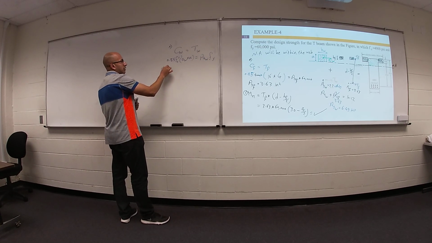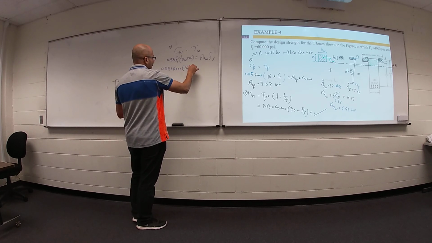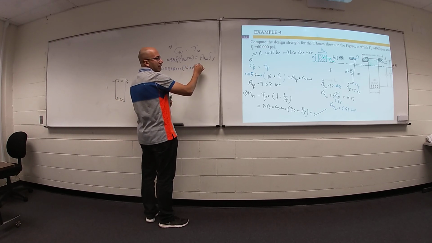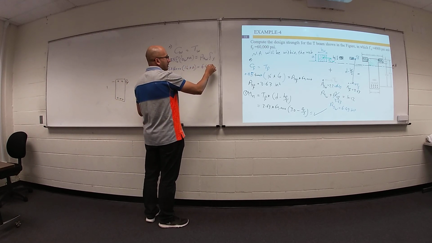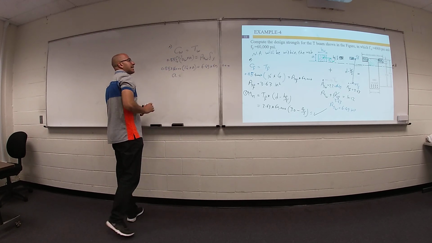Put in your numbers: f prime c 4,000, b web 14 times a, I don't know. Area steel web 6.49 times 60,000. The only unknown here is your distance a.